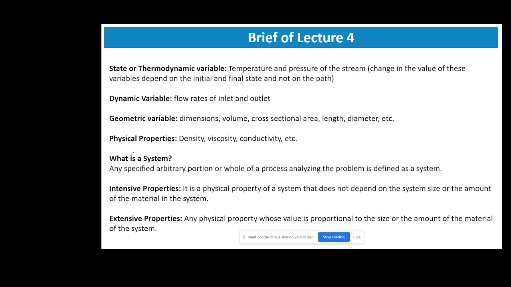The first definition that was important and highlighted in the lecture was the state or thermodynamic variables. For any material, substance, or process going on, there will be certain thermodynamic variables related to it.